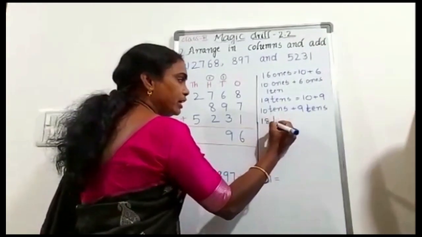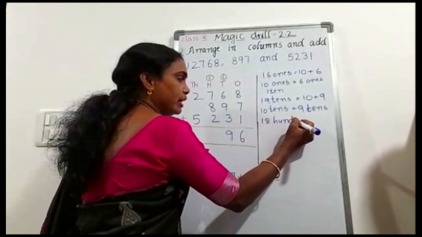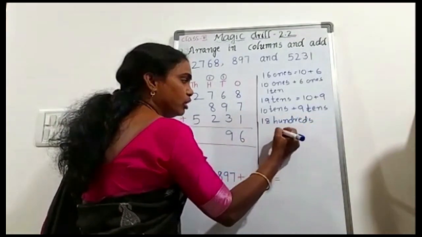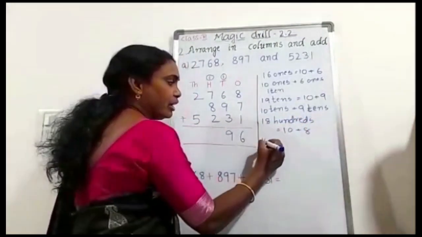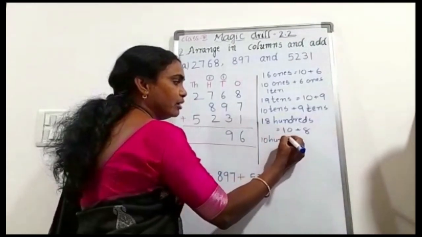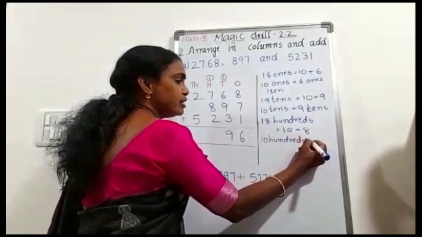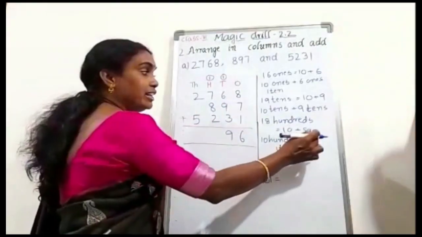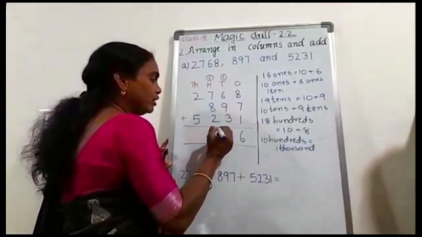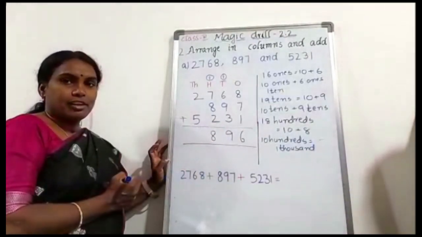So 1800 is equal to 1000 plus 800. The 1000, how do you write? 1000 is equal to 1 thousand. Yes, 800 is left over. The 8 we write under the hundreds column.